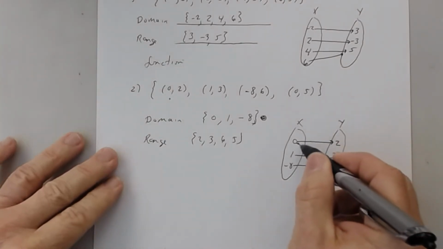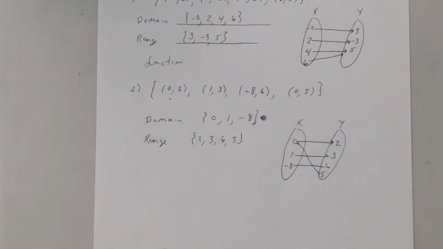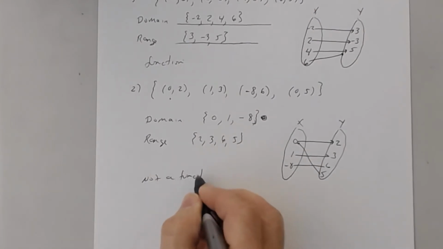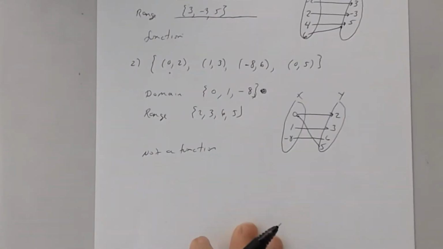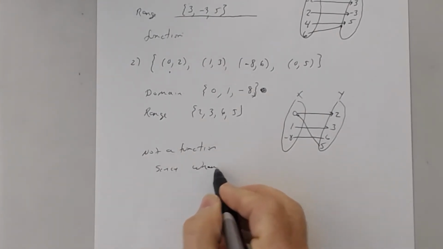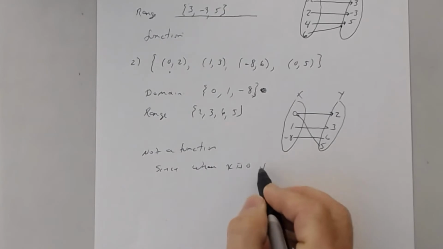What's my y value? 5. And then notice that when x is 0, I don't have just one y value. How many y values do I have? 2. So that's not a function. It's not a function since when x is 0, there are 2 y values.